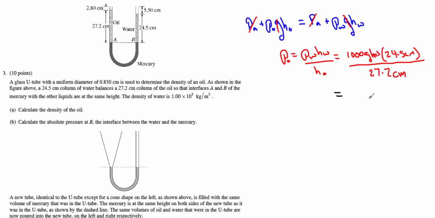I'm going to go ahead and type it in. 900 kilograms per cubic meter. That is the answer to A, and that'll be worth 3 points.